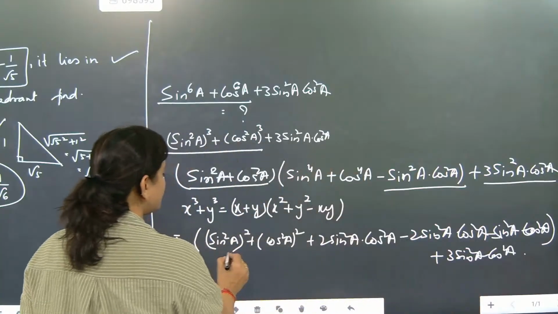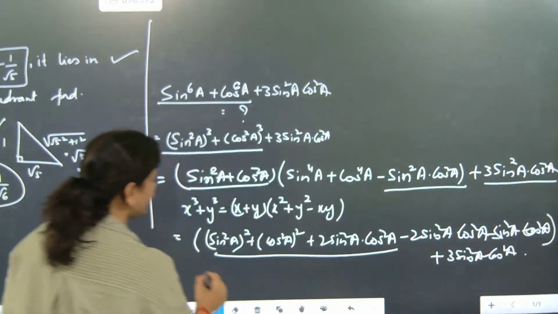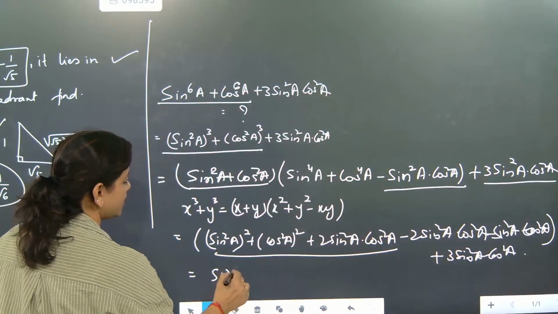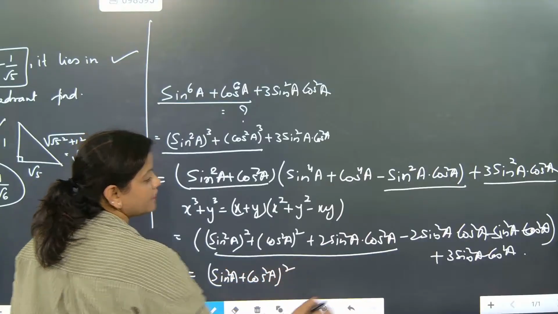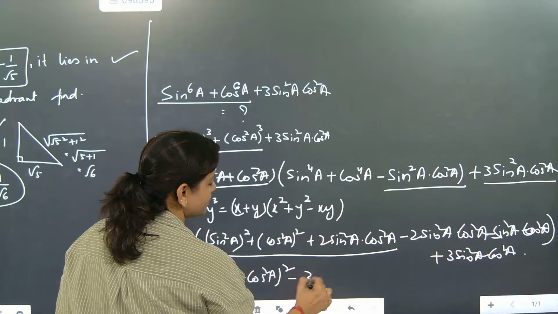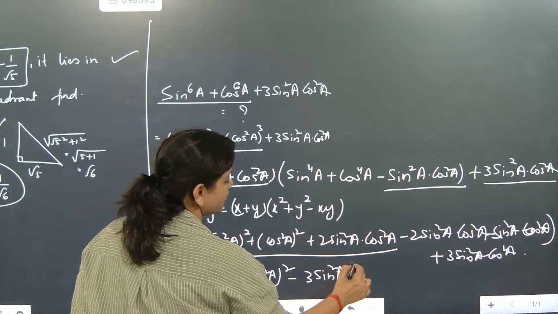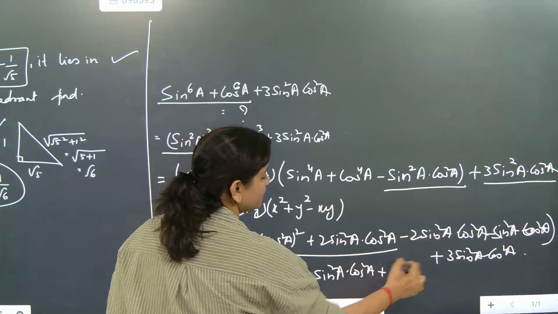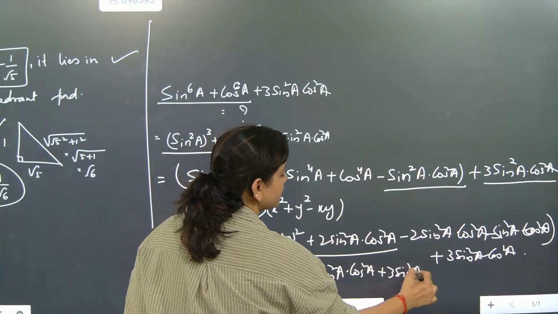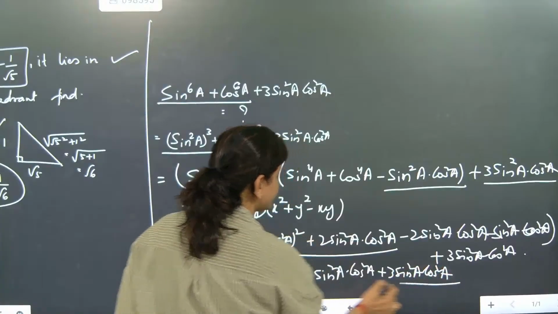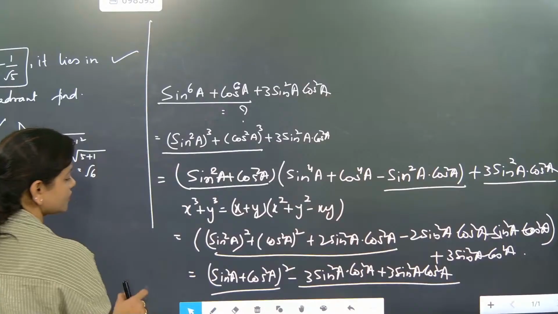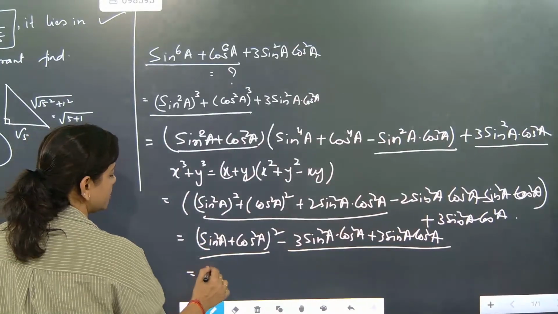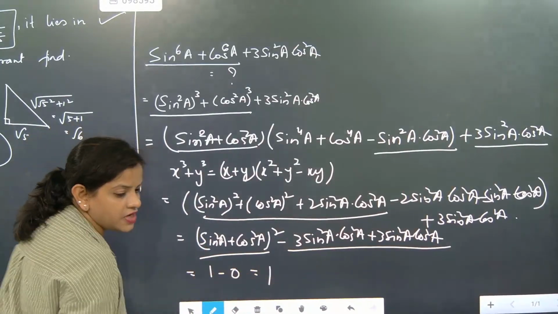So this total becomes sin square a plus cos square a whole square, minus 3 sin square a cos square a, plus 3 sin square a cos square a. This section becomes 0 and the other part becomes 1. So the overall answer is 1 minus 0, which is 1.